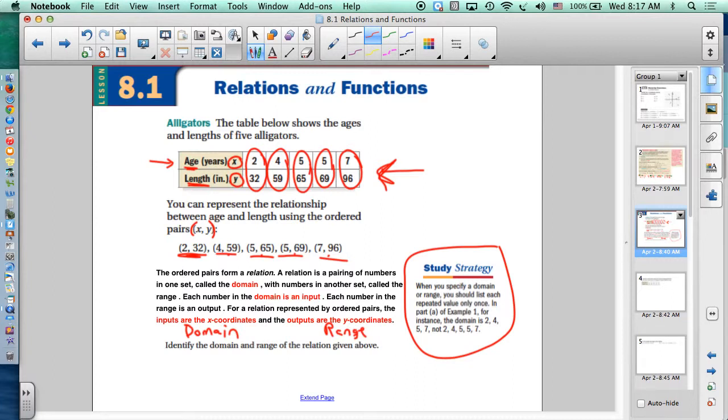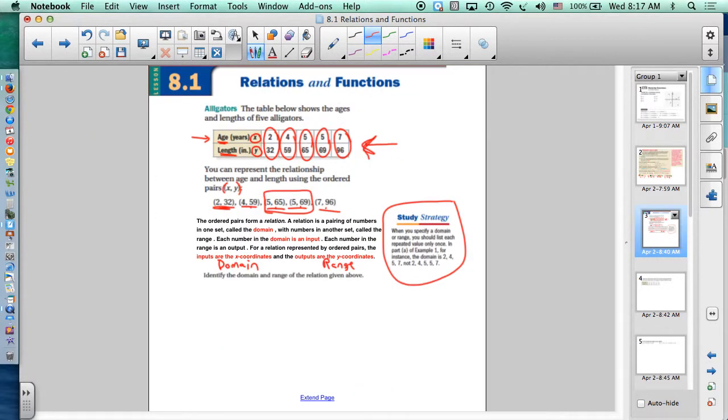For example, if you look at this relation, there were 2 points that had the same x value of 5. When we list our domain, we're not going to list the same number twice, so the 5 will only be listed once. And the way we write domain and range is in what's called set notation. And we commonly call domain the set D. We would say D equals, and then we're going to draw these funny looking brackets.